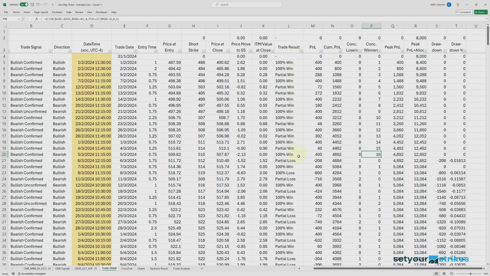And it is, yeah. These are all winners. Part of that includes partial winners where we didn't get our full, 100% profit. But that is interesting, right? The calculation is pretty simple, and this should work for any spread held to expiration.